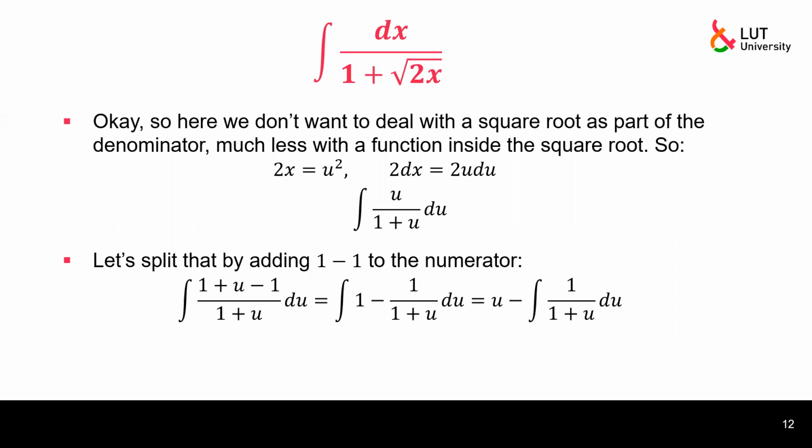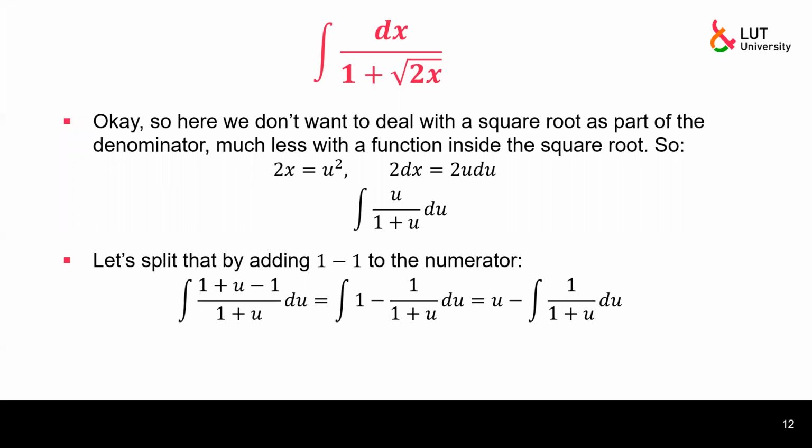So on each side we differentiate the function and add dx or du. By solving, dx is u du, so that goes there, and this 2x is u squared.